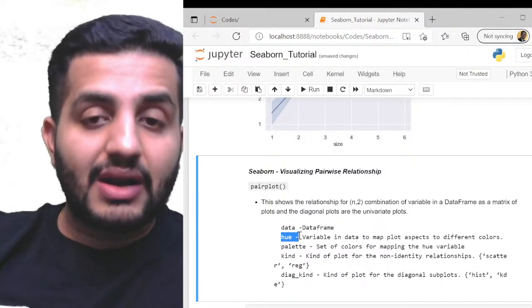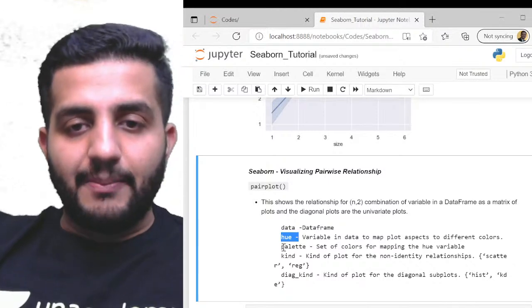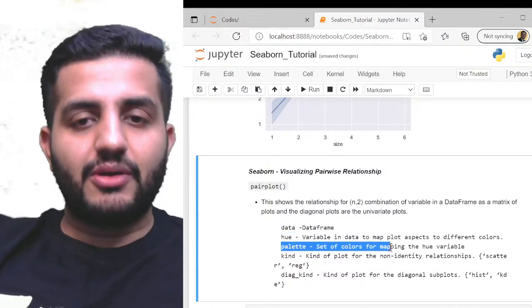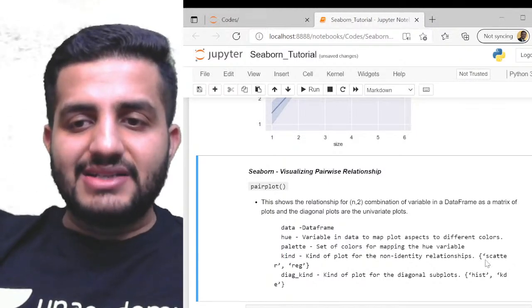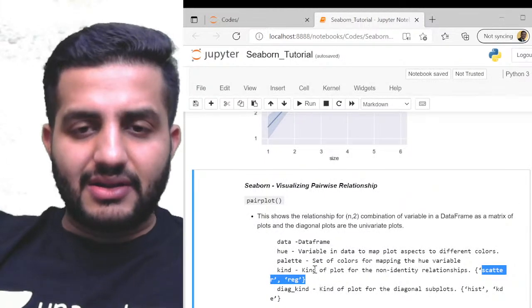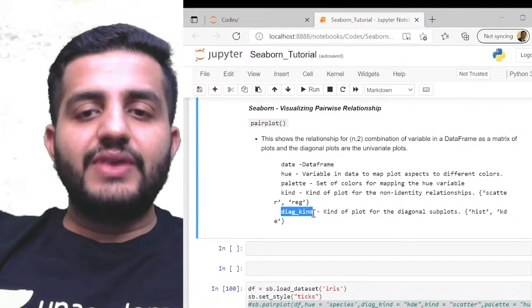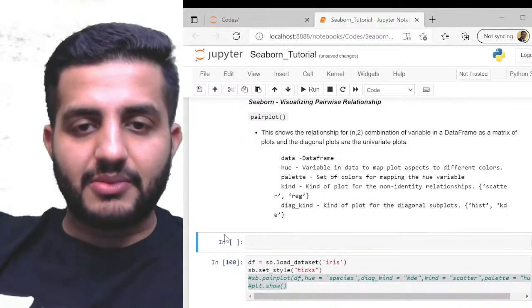Basically it's a granular level which you want to add to your data. Palette, the color palette, if you want to introduce any specific color palette. Kind, we have two basic kinds here, the scatter plot and the regression, the reg plot. I'll talk about both of them. Diagonal kind, which is a new feature here. So I'll show you first and then I'll explain this argument.